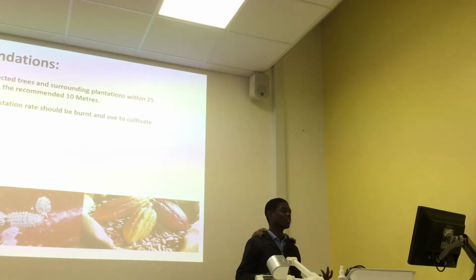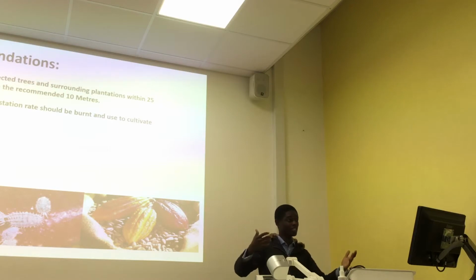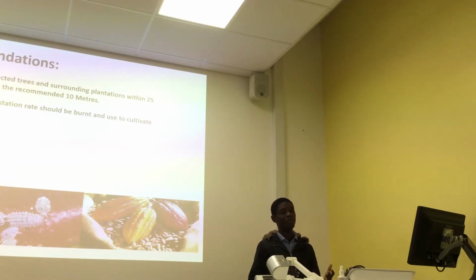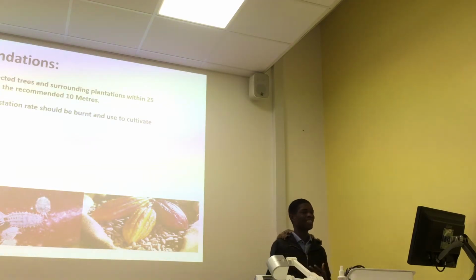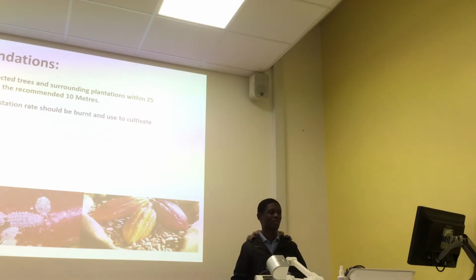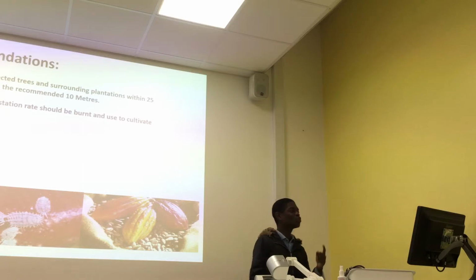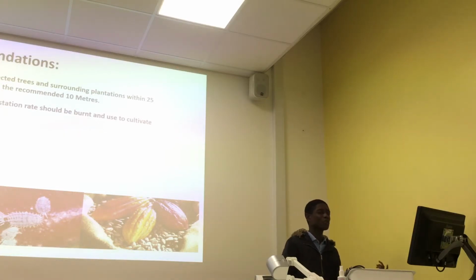And that was what led to the use of barrier trees and also probably increasing the distance. But I think that rather than use the same field that has been infested to cultivate cacao again, it would be better and more economical to use it to cultivate a non-host crop.